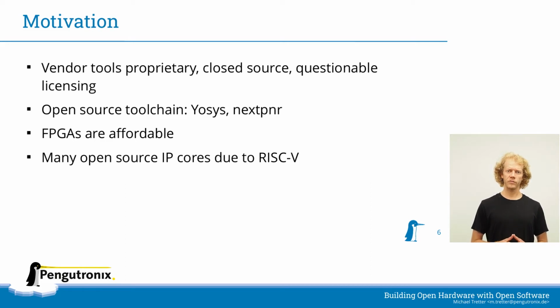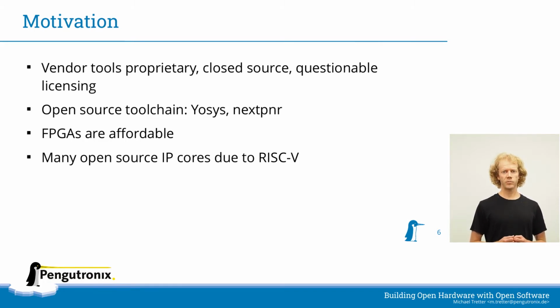Additionally, these FPGAs are relatively affordable now. While the high-performance eval boards by Xilinx still have a price tag of a few $1,000s, you can get boards with an ECP5 FPGA for about $100 or less. This lowers the bar for hobbyists to start fiddling with FPGAs by themselves a lot.